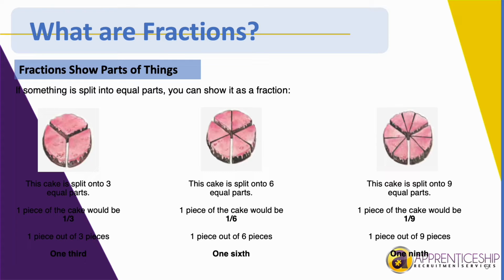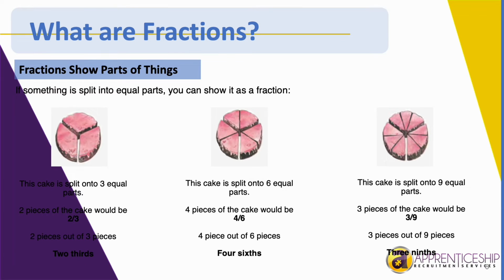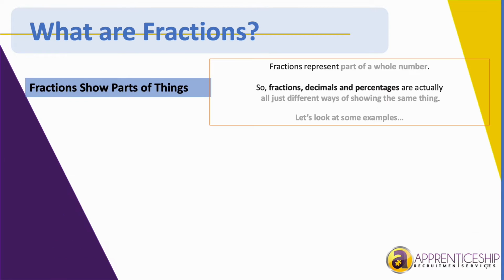And the same with 9: the bottom number would be 9 as well. So that's how we would write it. Same here: if you split into 3 and ate 2 slices, the bottom number would still be 3 and the top number would be 2.